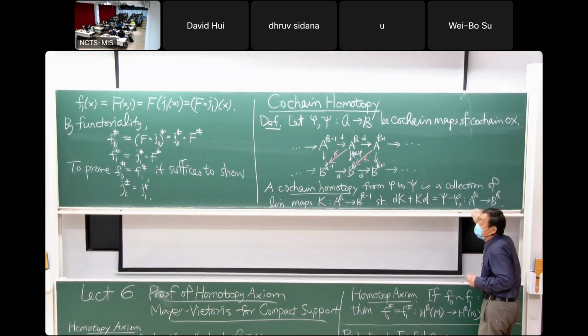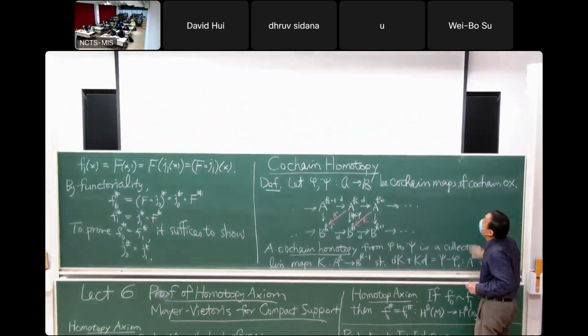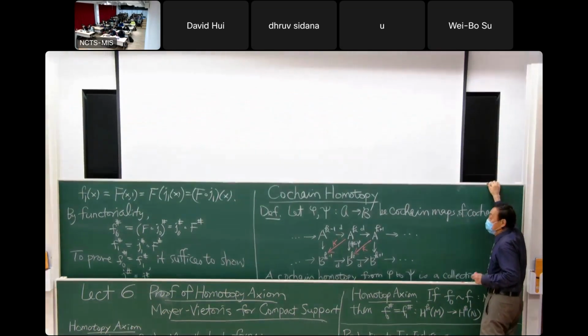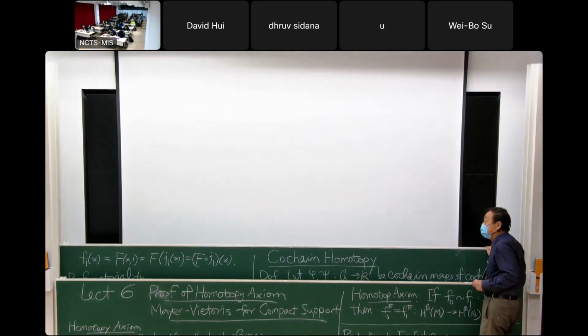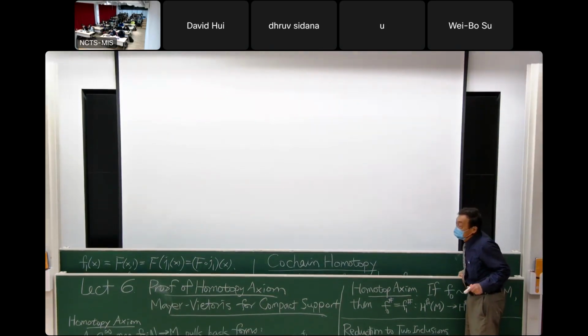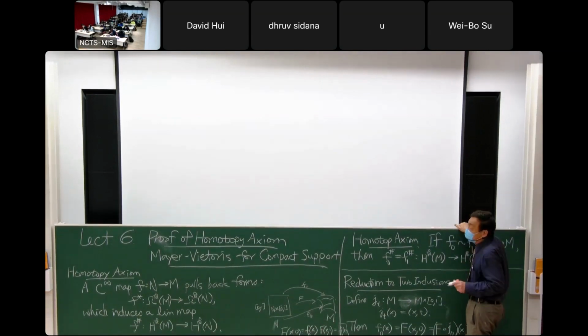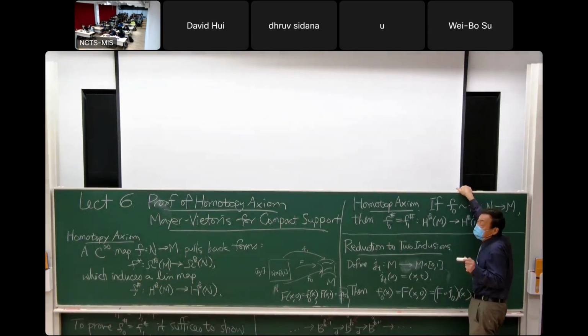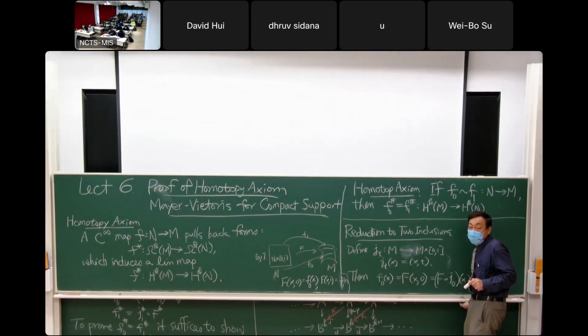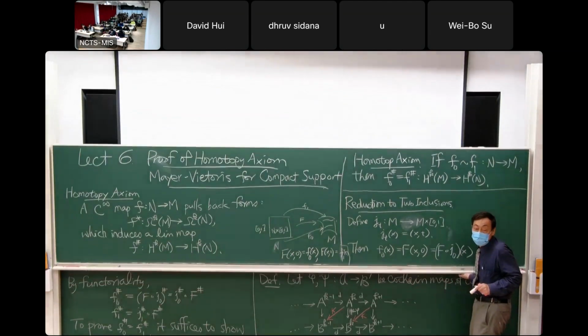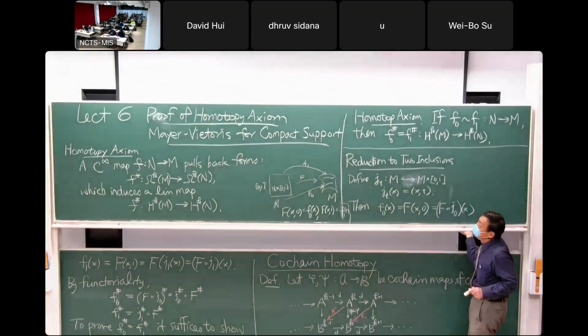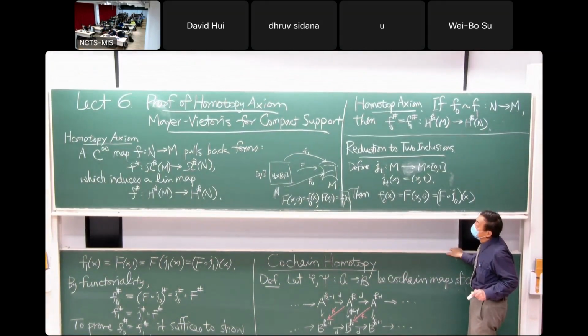Okay, so that's a cochain homotopy. And the important thing is that if there is a cochain homotopy from phi to psi, then phi and psi induce the same map in cohomology. Okay?